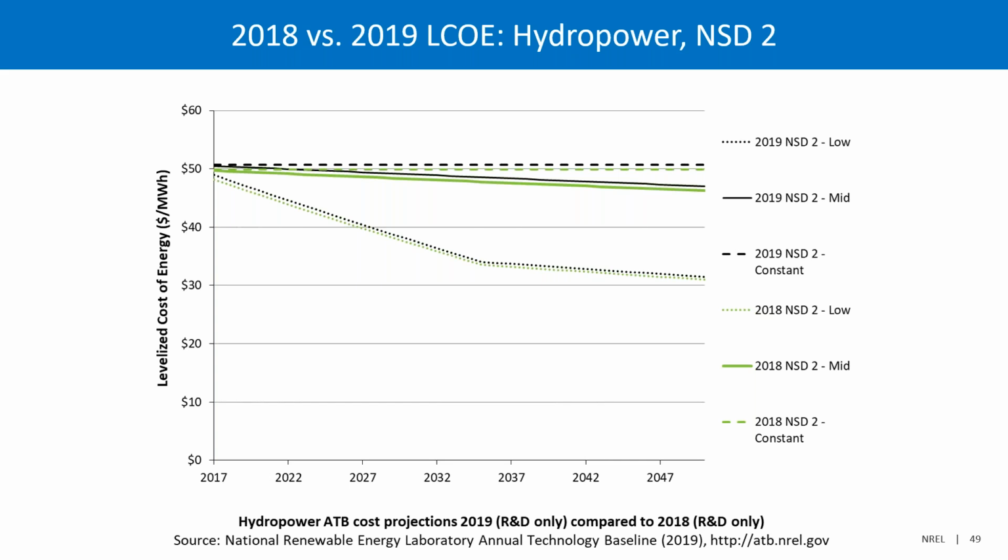The advanced technology case, where if we are able to successfully implement those technology options that I highlighted in the previous slide, we hope then that will drop costs by up to $20 per megawatt hour. So those are the highlights for hydropower.